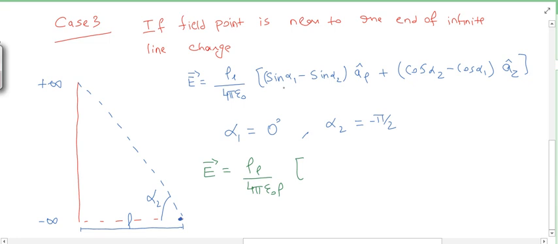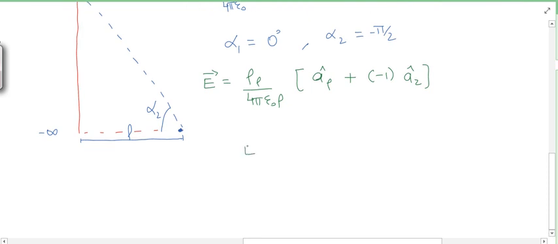Here sine alpha 1 is sine 0, which is 0, minus sine alpha 2, and it is minus pi by 2. So sine of minus pi by 2 becomes minus 1. Minus of minus will become only the a rho component. And now cos alpha 2, cos pi by 2 is 0, minus cos 0. Cos 0 is 1, so it will be minus 1 az cap. So this is the formula for this case when one end is near to infinity.